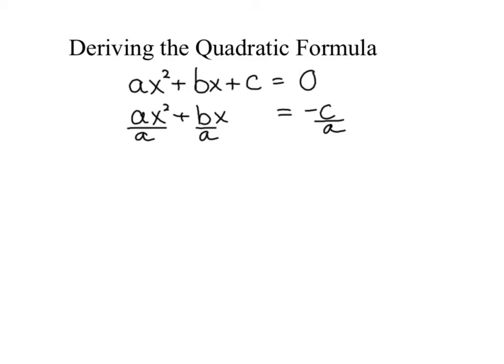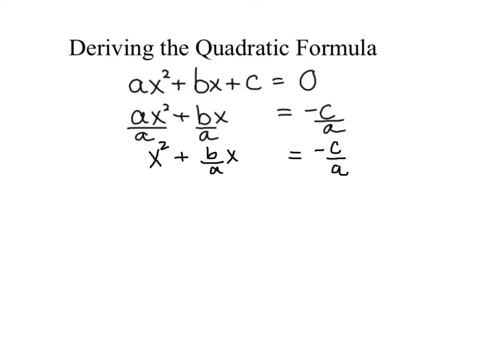You might recognize that these are the first two steps that you would use to complete the square, except that we're going to use letters instead of numbers. After that, you're going to have x squared plus b over a x equals negative c over a.